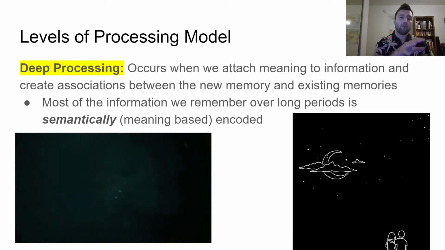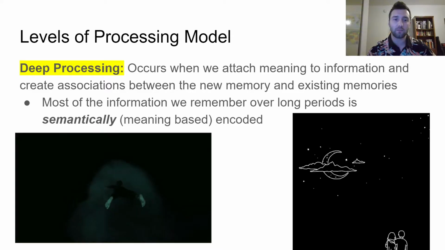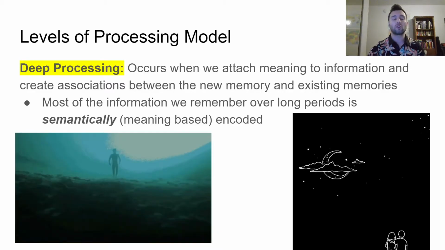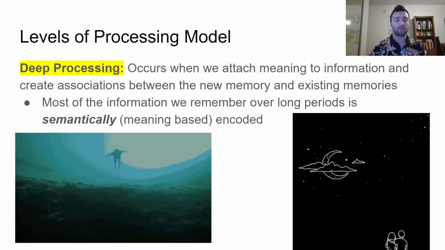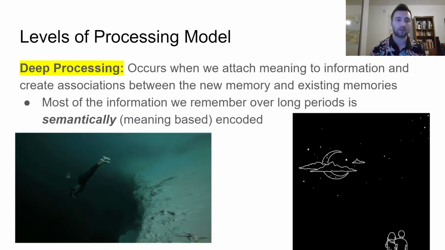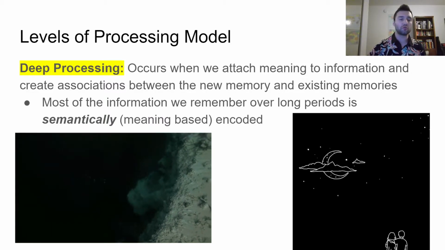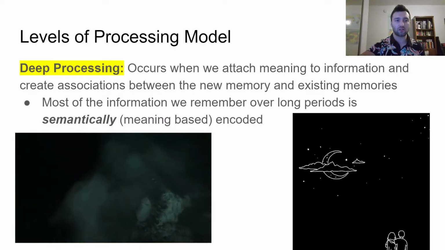Now, most information that we are going to remember for a long period of time is going through what is called semantic encoding. Okay, semantic encoding, or it's being semantically encoded, is how it says it on the slide. What this means is it goes through meaning-based encoding.